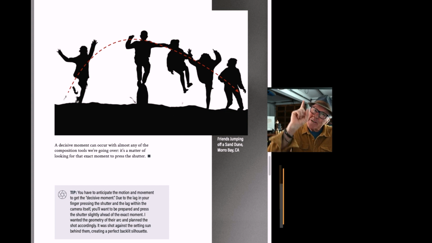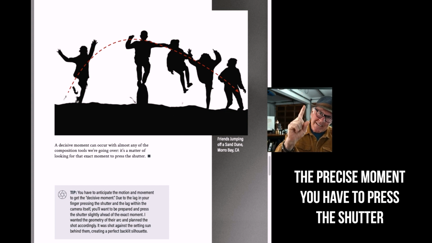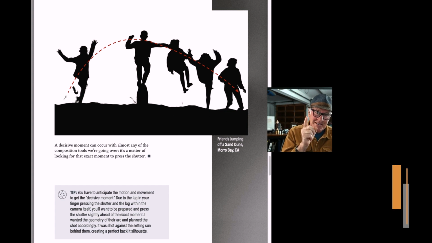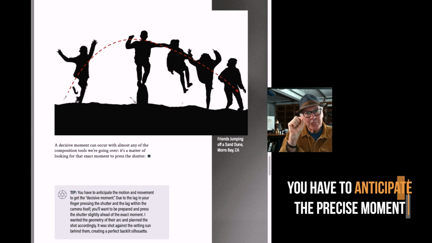It means the precise moment you have to press the shutter to capture whatever that action is. But really, this is the trick. Because of the lag of your finger and even the mechanism of your camera, you have to anticipate the precise moment. You have to be a little ahead of it. Because sometimes if you press right then, the motion's over.